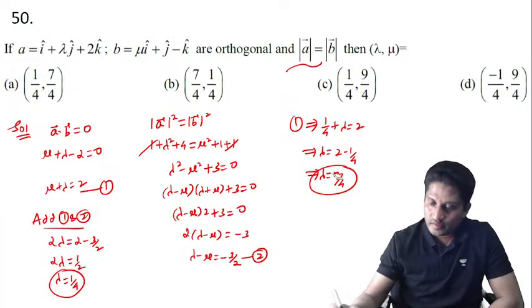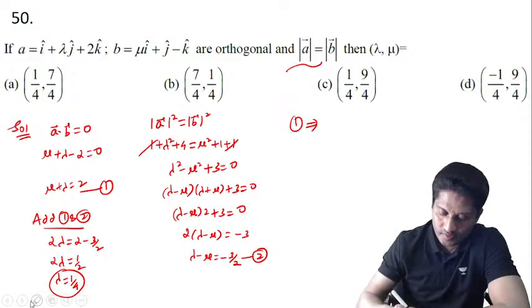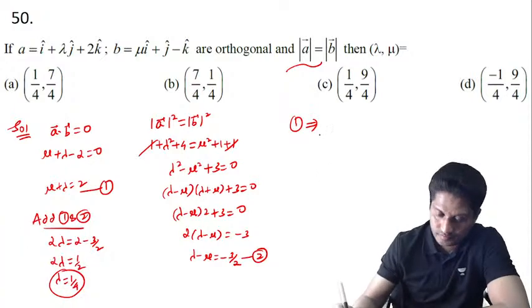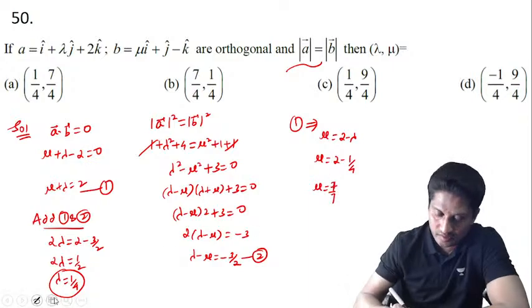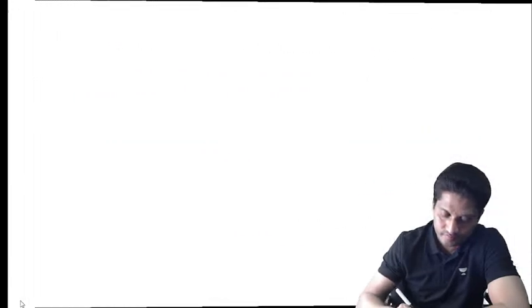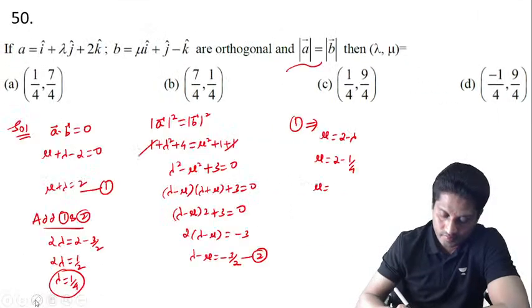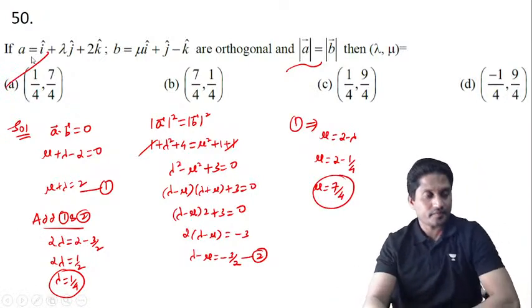Sorry. Mu is equal to 2 minus lambda, 2 minus 1 by 4, and mu is equal to 7 by 4. That is, the answer is option A.